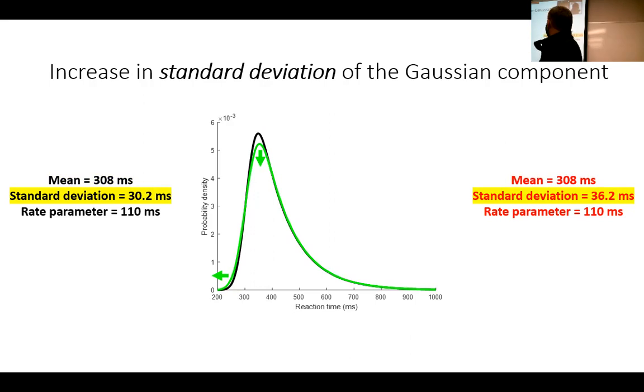So increasing the standard deviation is going to pull the left tail out. And because this pulls out and there's going to be more area under that part of the curve, we need to decrease the peak so that the total area under both is still the same, or 100%.